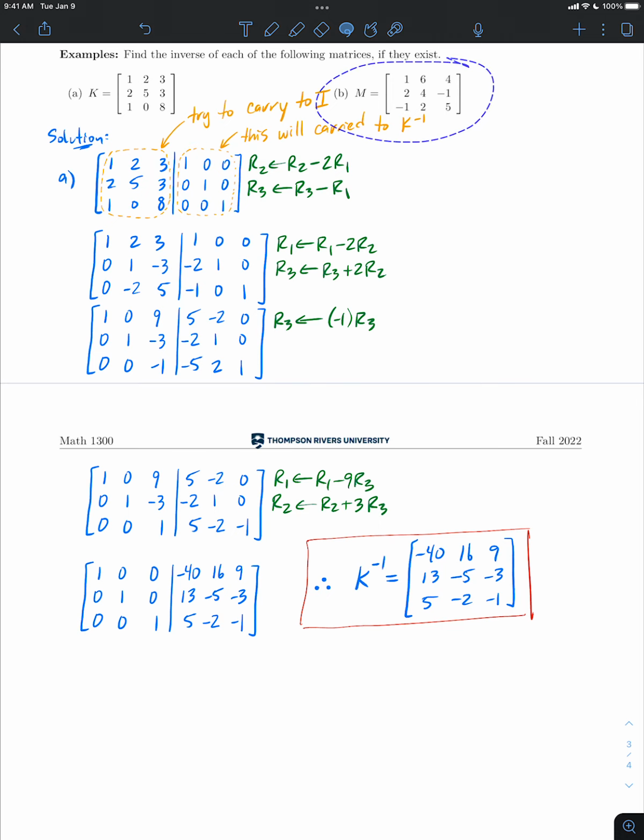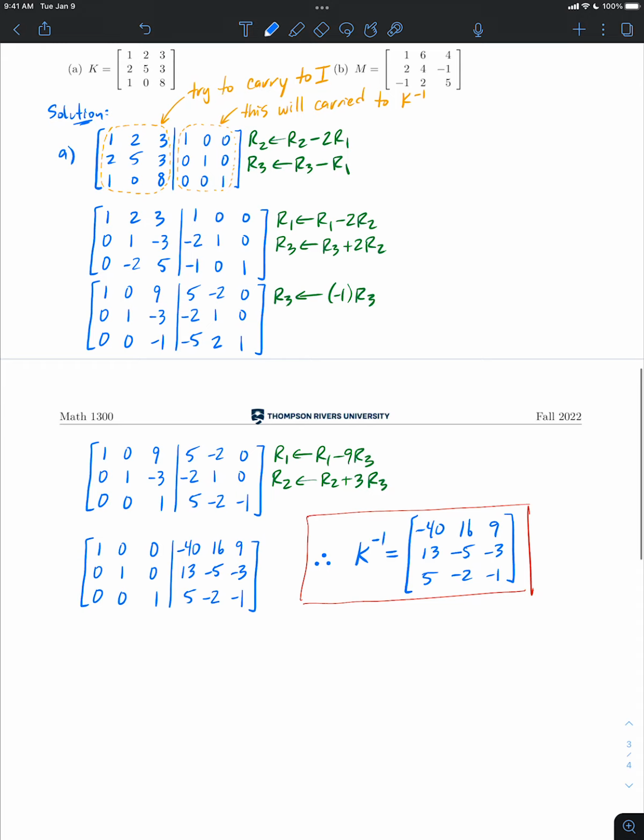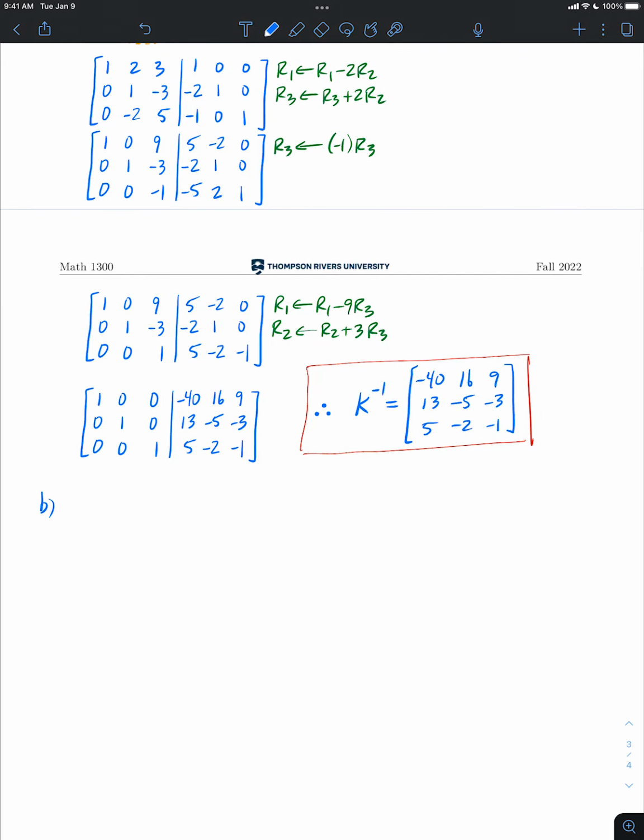But both of these examples are just for the 3 by 3 case, because to be honest, it's already complex enough with 3 by 3 matrices. As soon as you get up into 4 by 4 matrices, unless they're artificially constructed just to make things work out nicely, it can already be really rough working with a 4 by 4 matrix. Anyways, I'm digressing. Let's move on to part B here.